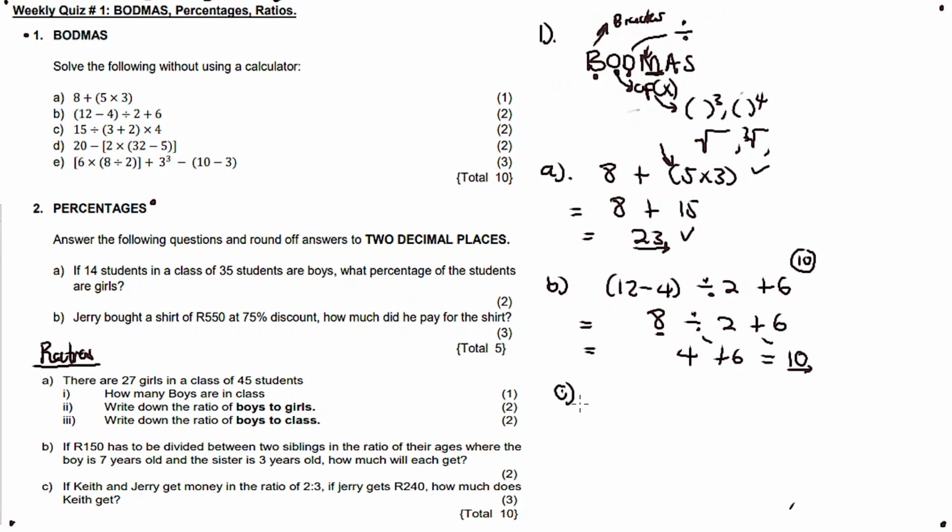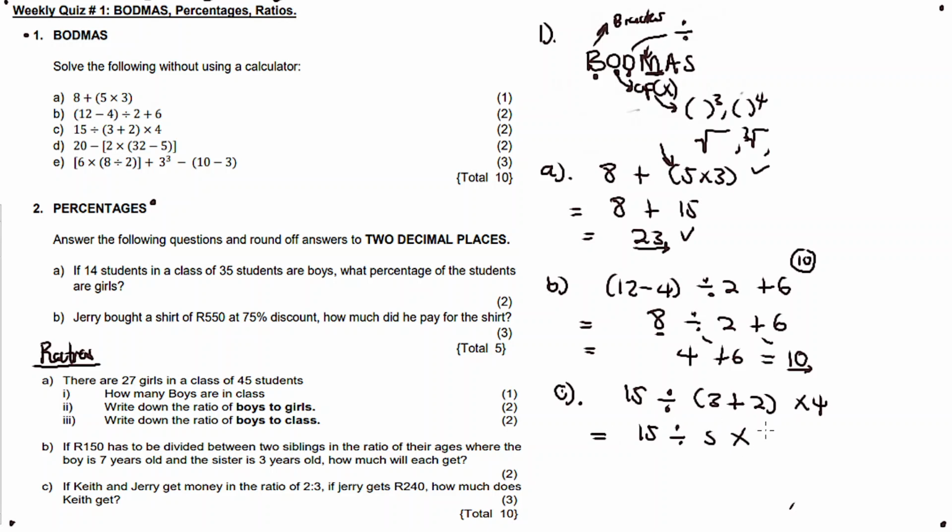Now for C, we have 15 divided by the bracket 3 plus 2, multiplied by 4. Going back to the BODMAS rule, we start with the bracket. So 3 plus 2 is 5.